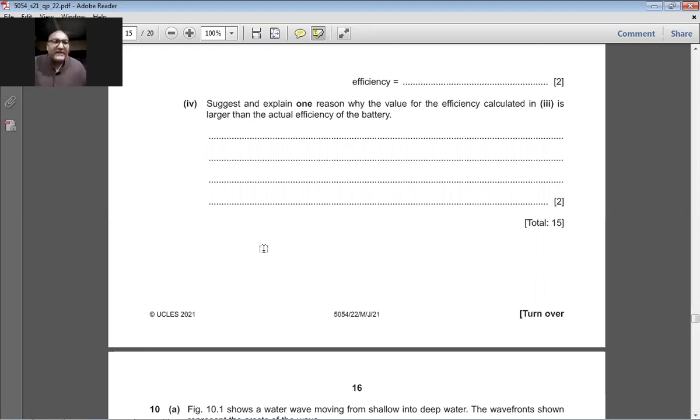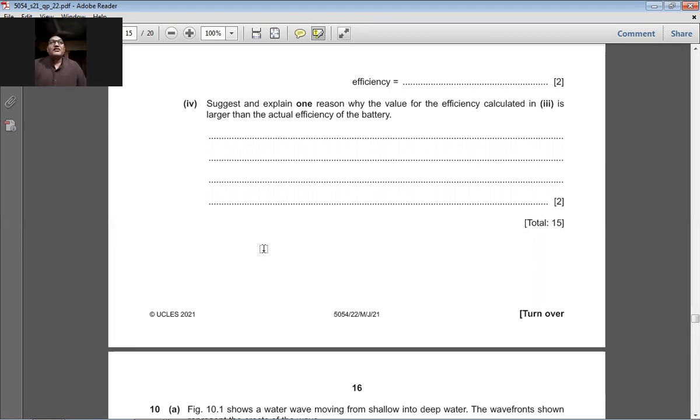But the input energy provided by the battery will be more than what we used, because the heat is not only used to heat up the cell phone, it is also lost to the surroundings. A lot of heat is also lost to the surroundings, which we have not included in the input energy given by the battery.